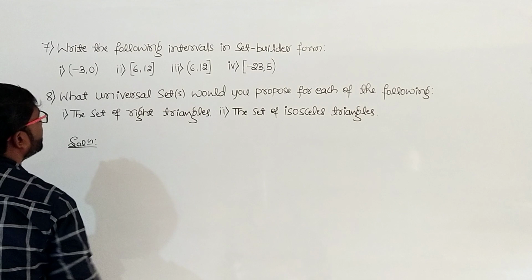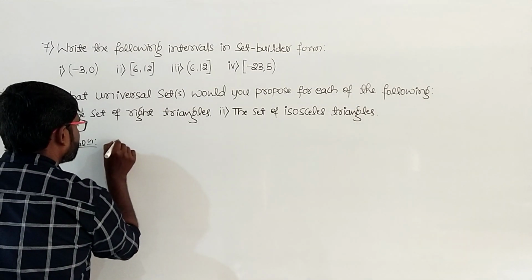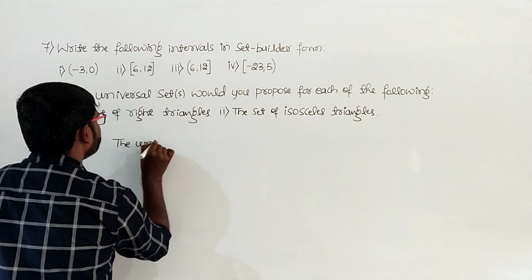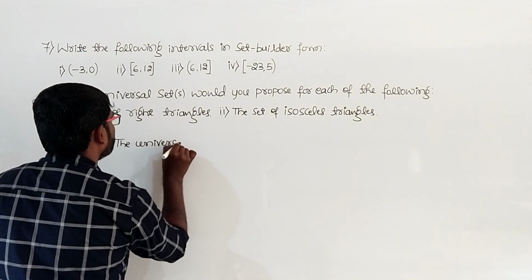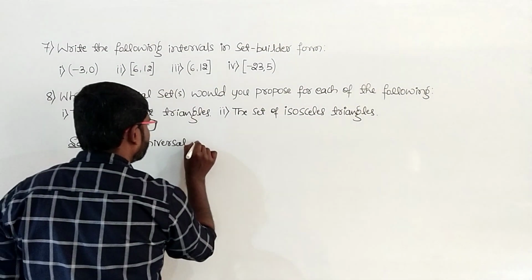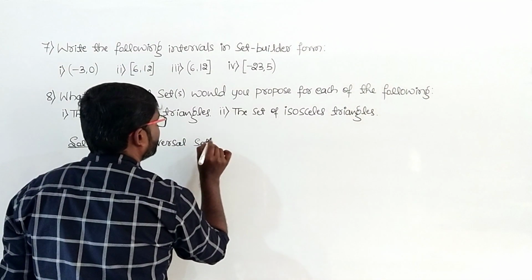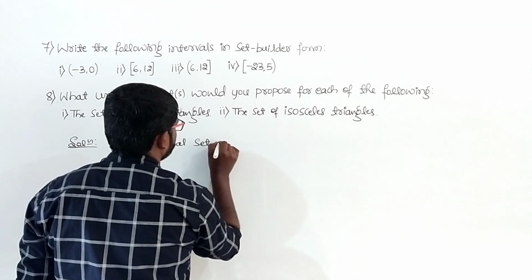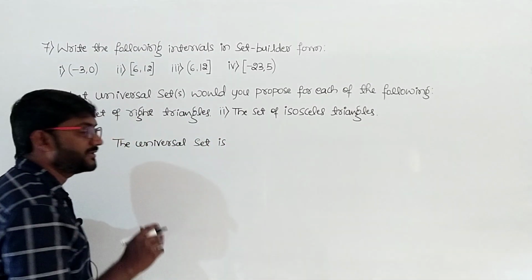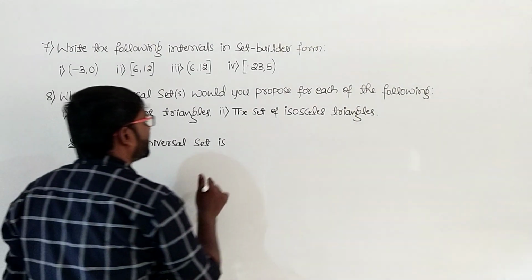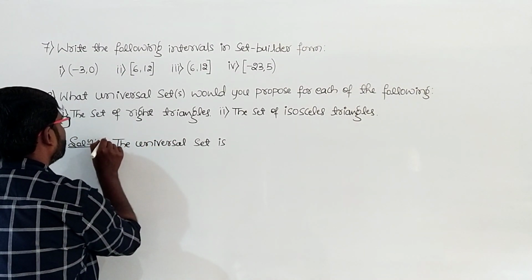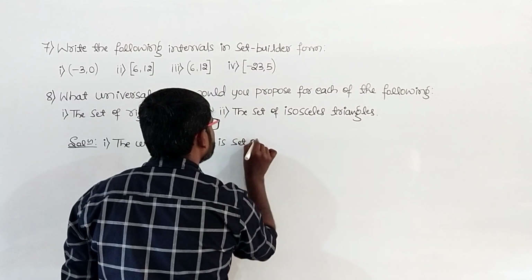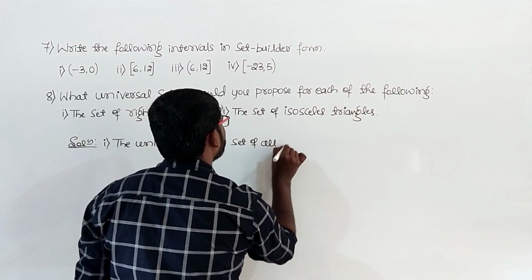Solution: the universal set is the set of all triangles. This is for Roman number 1. This universal set is the set of all triangles.